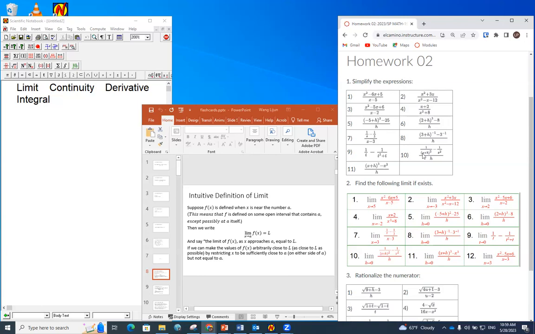For example, in the first set of questions, in homework number 2, all of these are algebraic expressions, and these rules are happening in the domain of these functions. When you put a limit in front of them, it means the definition comes into the picture. So when you review the homework you have done, please reflect on the meaning of these symbols.